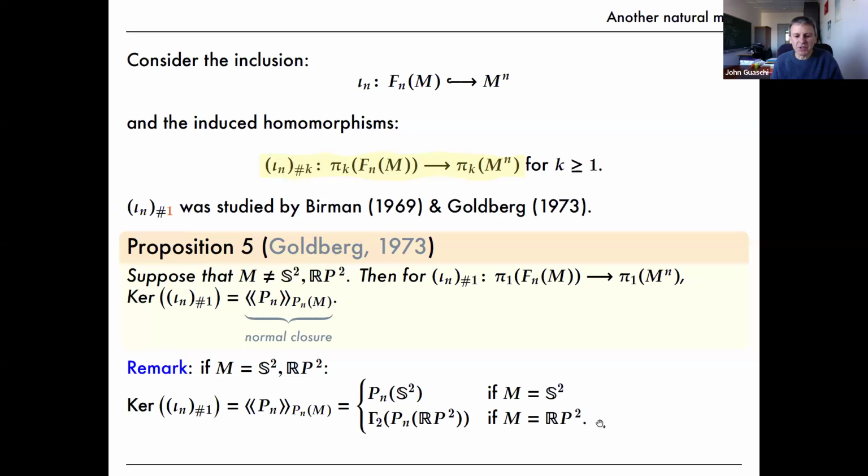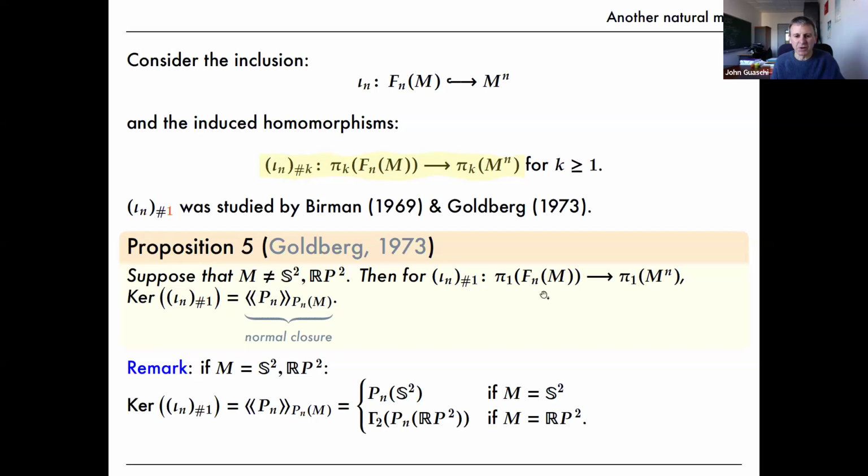In the case of the projective plane, it's a little more involved. But with Dassyberg, we proved that we still have this equality, and in fact, this subgroup. It can be difficult to work with normal closures if you want to find presentations and such like. But it turns out that this is the commutator subgroup of Pn of the projective plane.